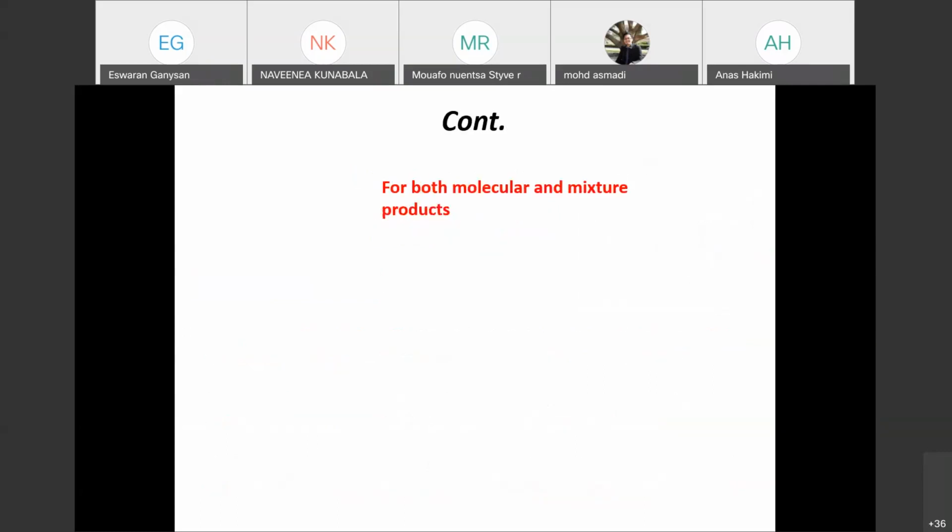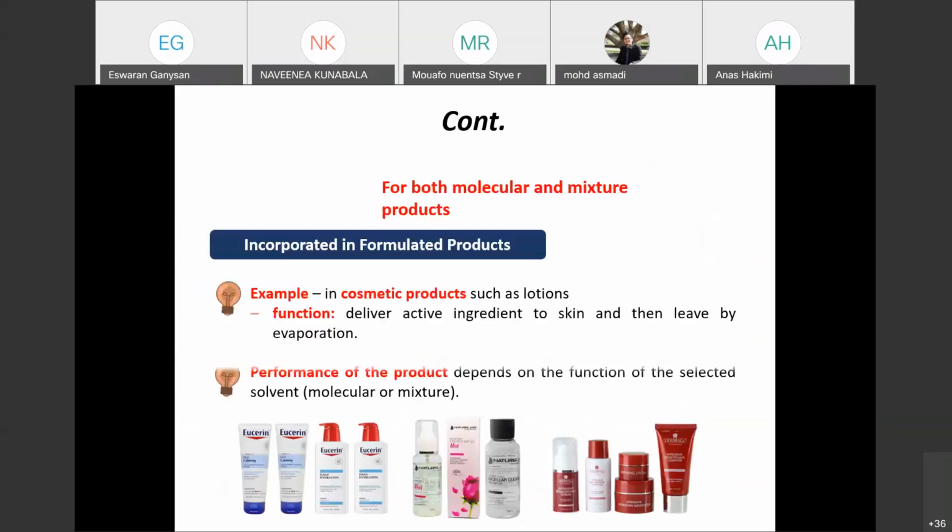But how about for product design? For product design, it is quite different from unit operations or the process. Solvent is usually incorporated in formulated products, for example cosmetic products such as lotion. The function is to deliver the active ingredient to the skin and then leave by evaporation.